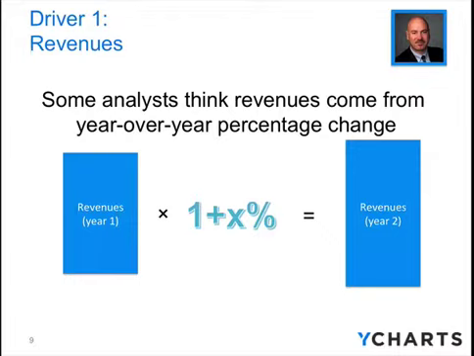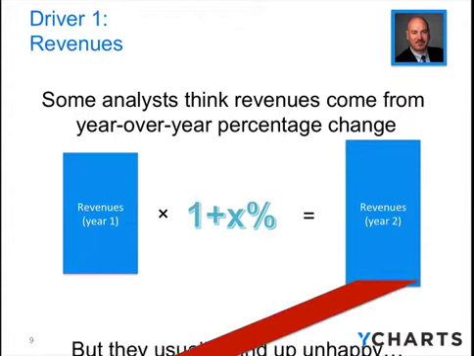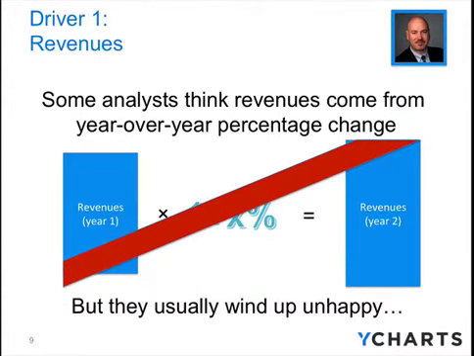A lot of investors and analysts make this mistake, extrapolate in an inappropriate way, and wind up unhappy. This is one of the real cornerstones of analyzing a company: understanding the economic transactions that go into the revenues that the company is generating.